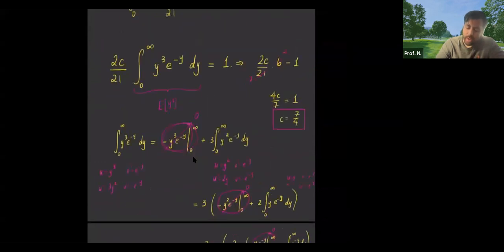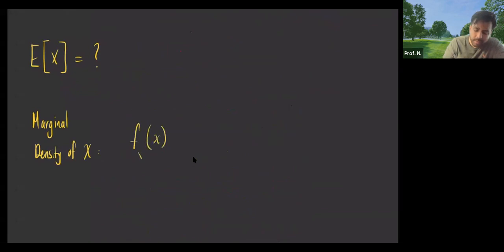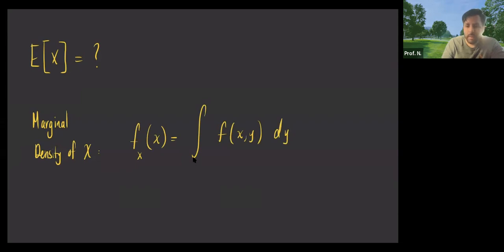Well, it's not the marginal of Y, it's the marginal of X, right? We want to find the marginal density function of X. So we want f of x. That entails taking the joint density function and integrating over all of y. But y goes from 0 to infinity.